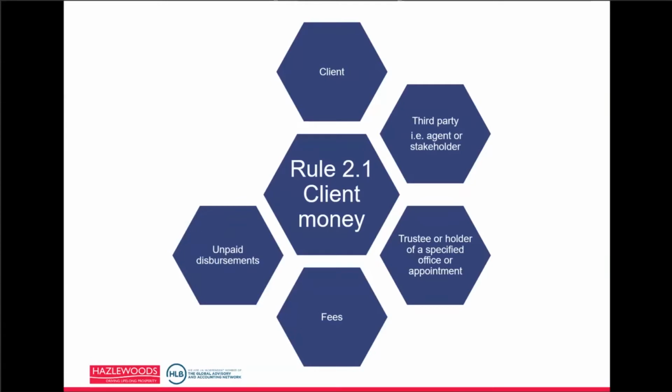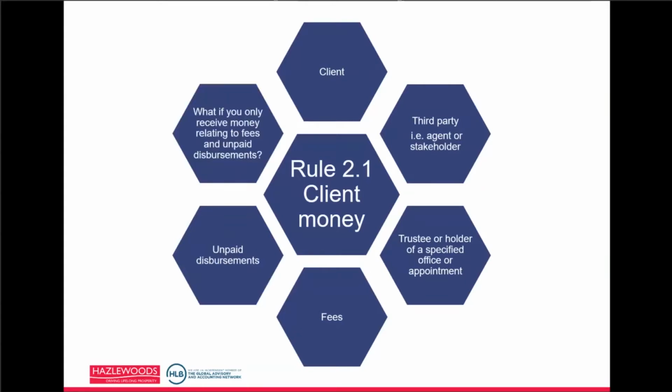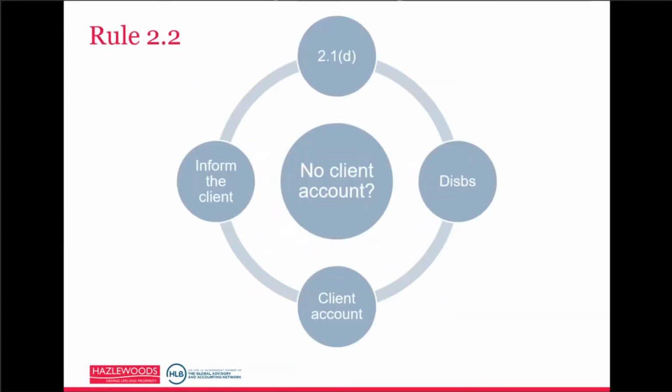What if you only receive money relating to fees and unpaid disbursements? Rule 2.2 says that in circumstances where the only client money you hold or receive falls within Rule 2.1d, which was in respect of your fees and any unpaid disbursements if held or received prior to delivery of a bill for the same, and any money held for disbursements relates to cost or expenses incurred by you and on behalf of your client for which you are liable, and you do not for any other reason maintain a client account, you are not required to hold this money in a client account if you have informed your client in advance of where and how the money will be held.